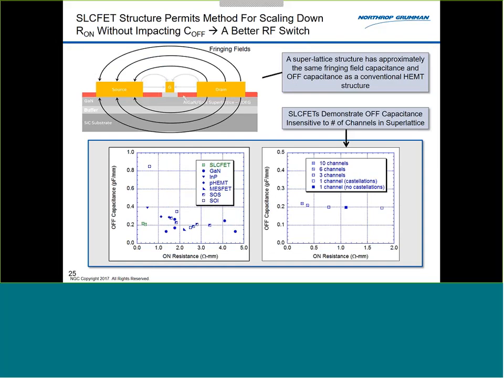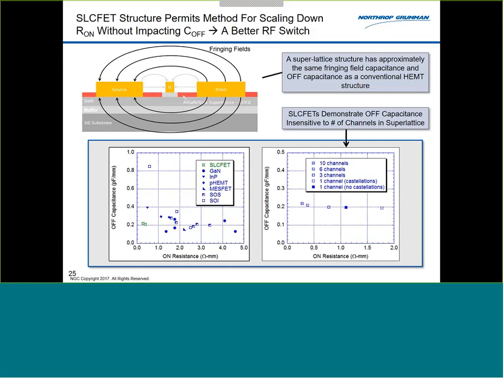And that's what I'm showing here on the plot on the right. On the left plot, I'm showing again that plot of off capacitance for various technologies. On the plot on the right, I show the off capacitance measured for just my conventional GaN device, so no super-lattice, no etched paths.